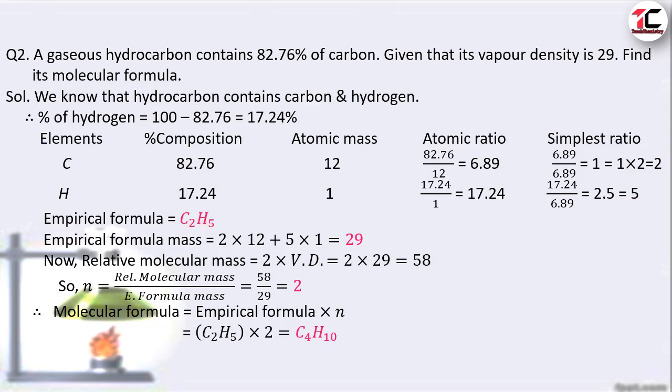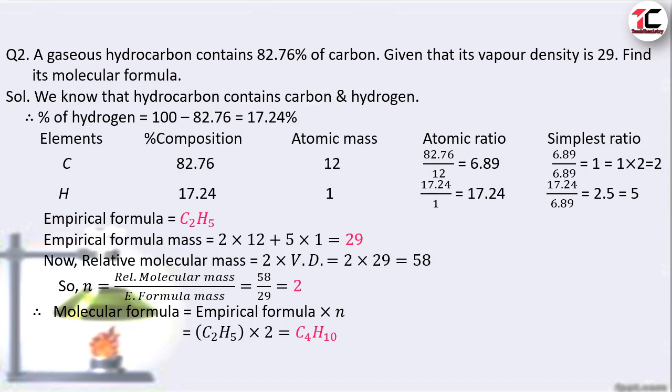Now empirical formula mass, it is 29 on calculation. Now we will find the relative molecular mass. Relative molecular mass is equal to 2 into vapor density. Here vapor density is given 29. So we multiply 2 by 29 and we get 58.